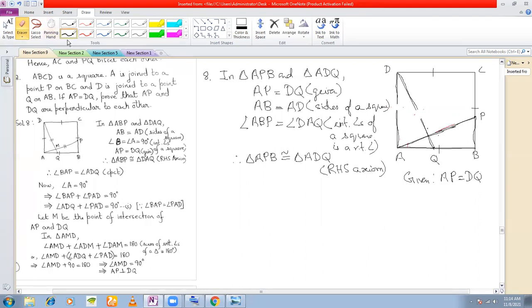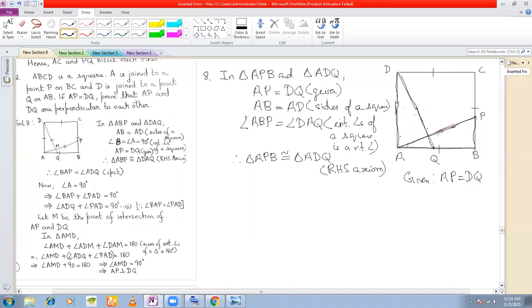So what if they are congruent? Even if I have proven that these two are congruent, so what? Now by CPCT, what can you say? Which angles are equal? AQ is equal to PB.